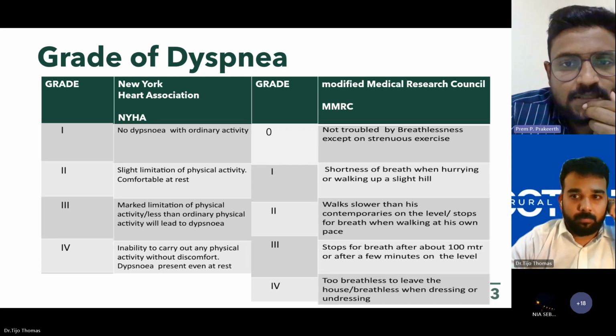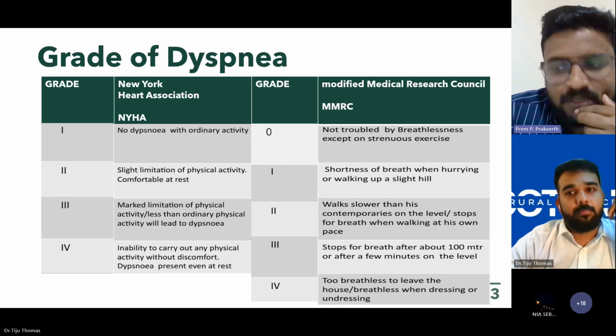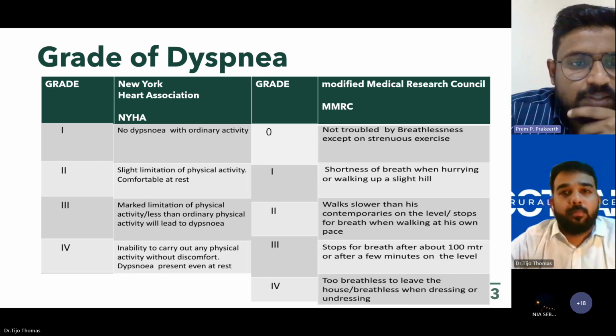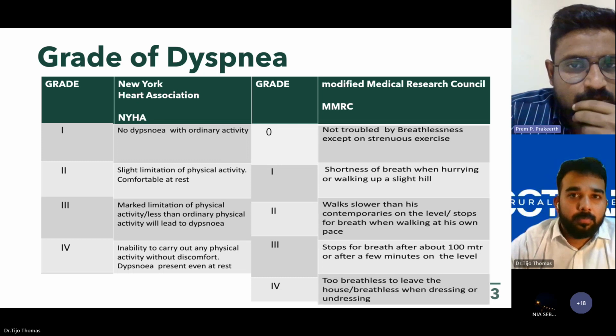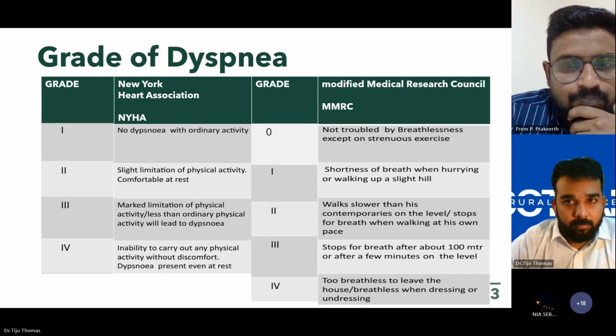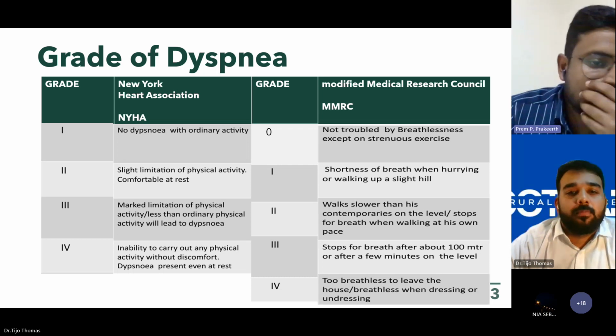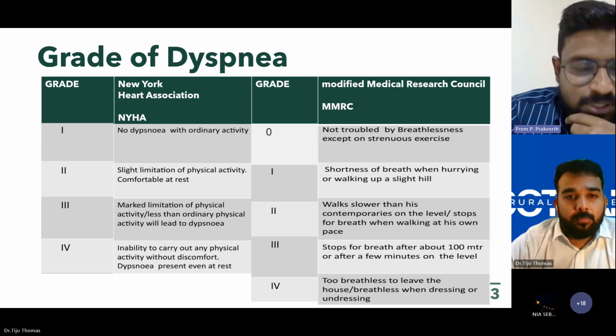So this is a cardiac cause of breathlessness, right? So which classification do you want to use? NYHA classification. Yeah, NYHA. So can you tell me the NYHA class for this patient?